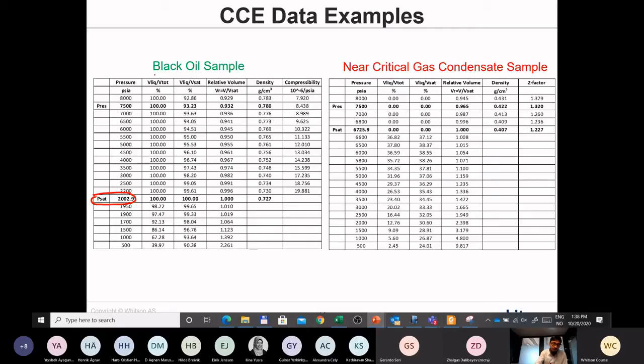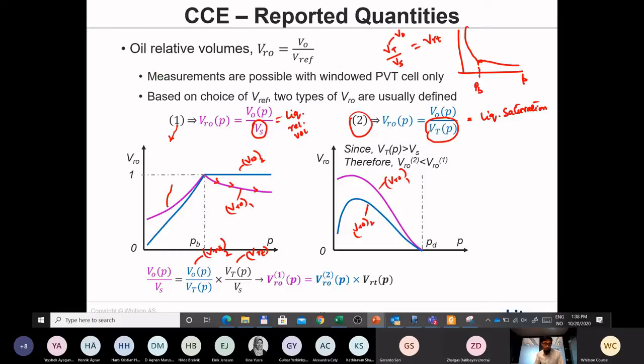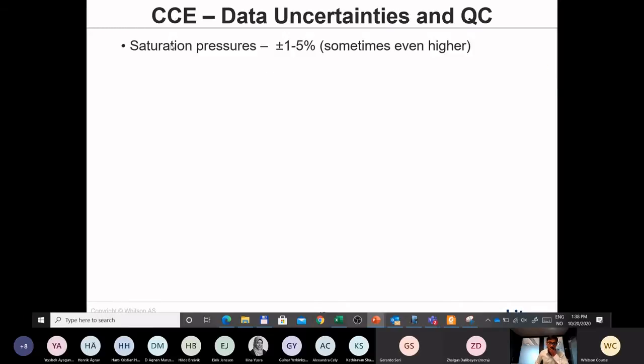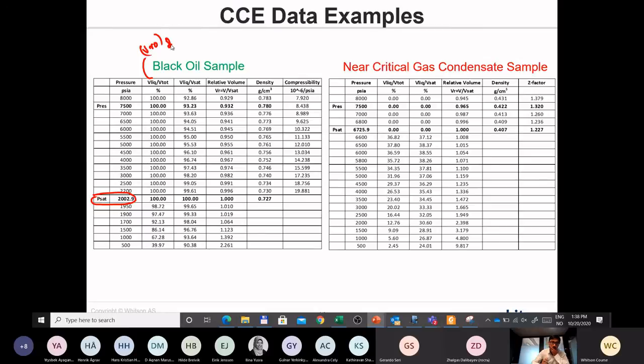So this is V liquid over V total, that's our VRO, and this is the VRO1, I guess, the one that we saw before. I think so. No, that's 2. Yeah, it's easy to forget.